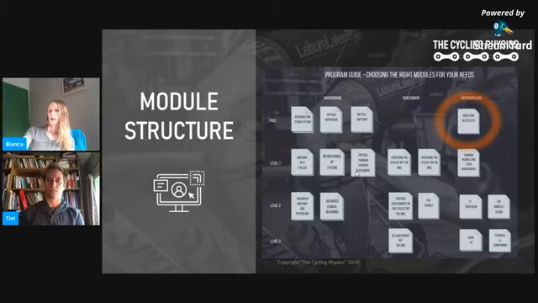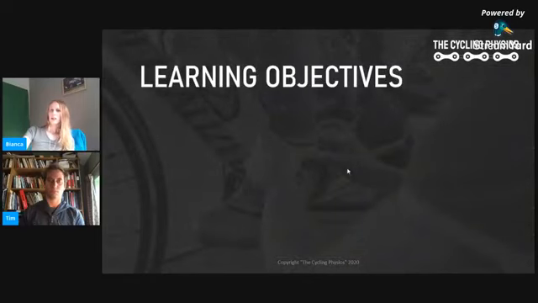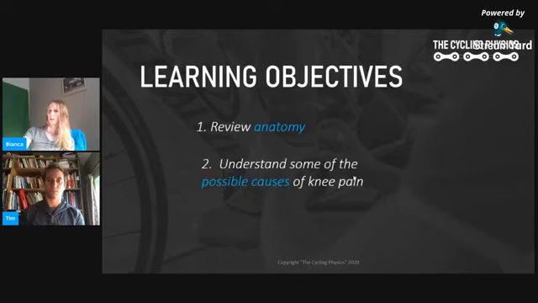But as we work our way through the different levels, things get a little bit more meaty and complicated, and there's some advanced clinical reasoning in there as well. But moving on to the nitty gritty, I'll leave Tim to go through some of these points with you. So Tim, are you all right to go through these learning objectives?